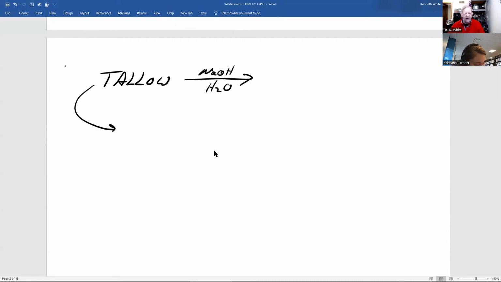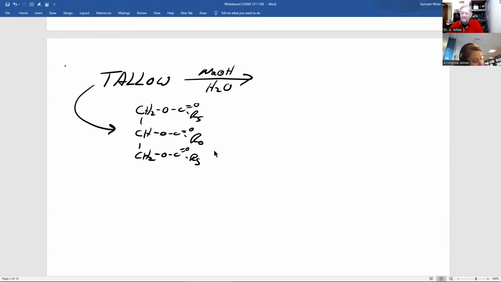No, tallow for this class is this triglyceride or triester. Everybody see that on the screen right now? And what I'm really asking in this reaction is this reaction.